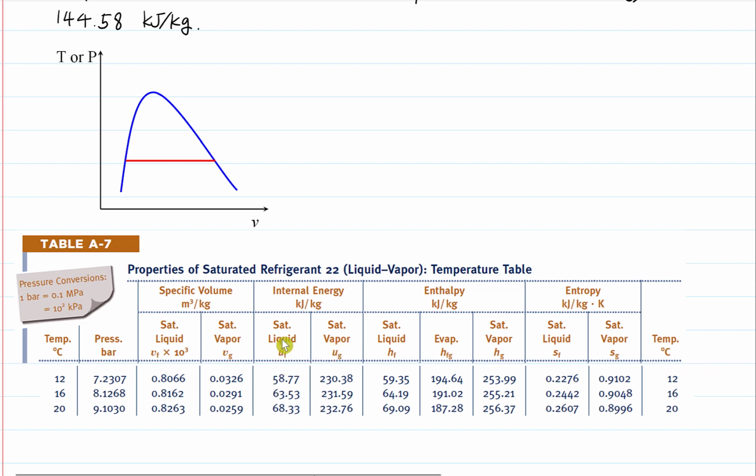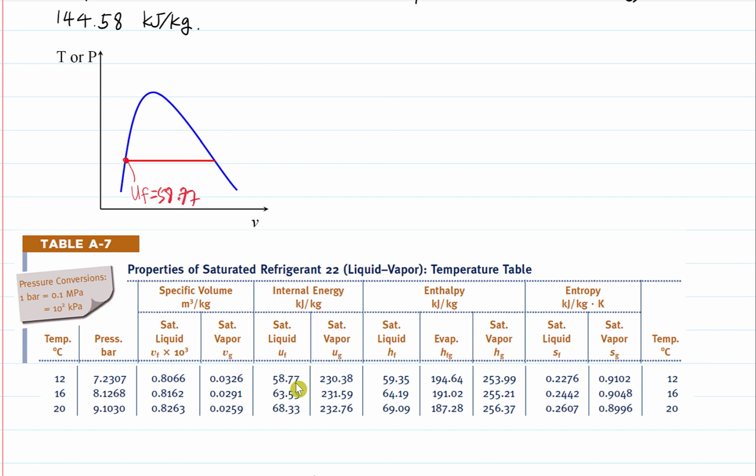So what it means, internal energy at saturated liquid is 58.77. So in this plot, saturated liquid is at this point, and at this point uf is 58.77.